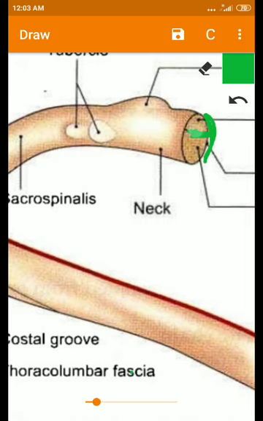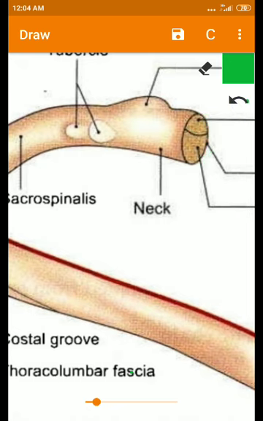So the crest and the disc are attached by the intra-articular ligament, which is present inside the joint capsule. The margins of the joint give attachment to the capsular ligament. So this is about the attachments of the head.